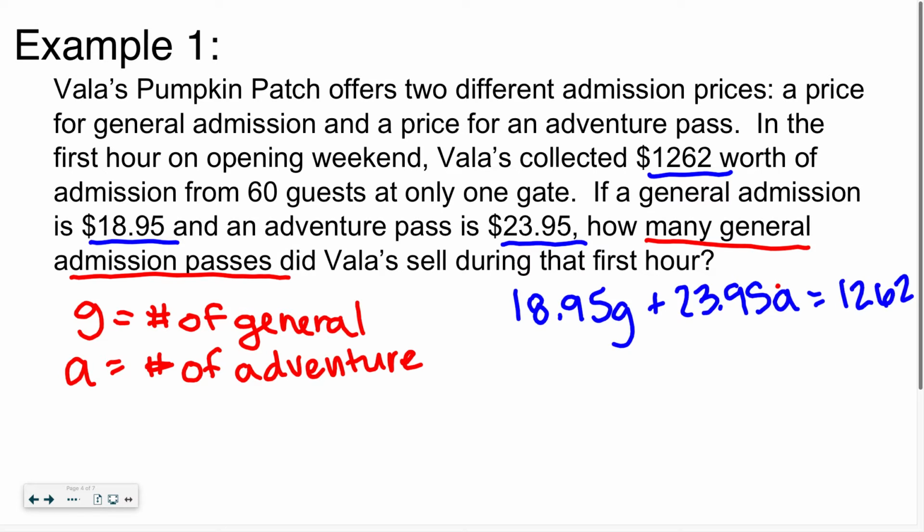So if I go back and reread my problem, somewhere it says, I took admission from 60 people. Now, do I know what those 60 people bought? No, they could have been adventure or general, but they came into Vallis. So there's usually another equation, doesn't have to be, but there's usually another equation that's like add everything up and equal it to the total.